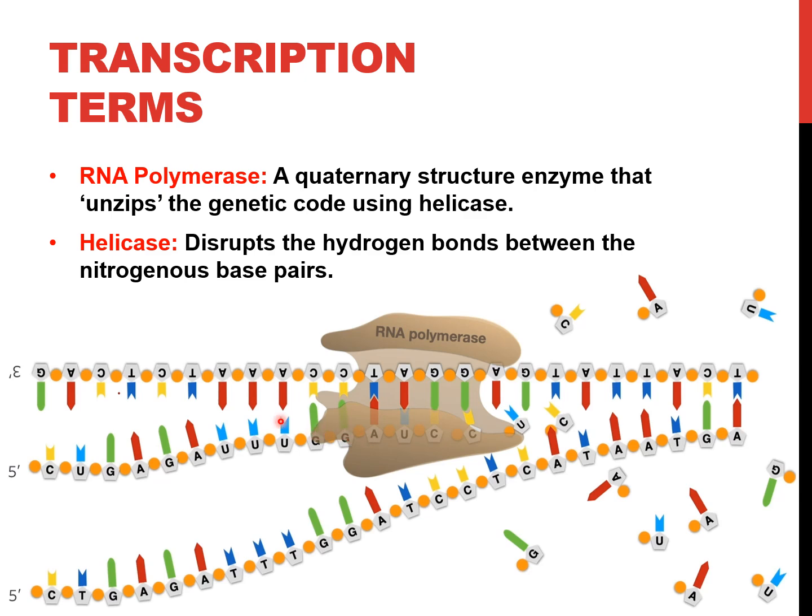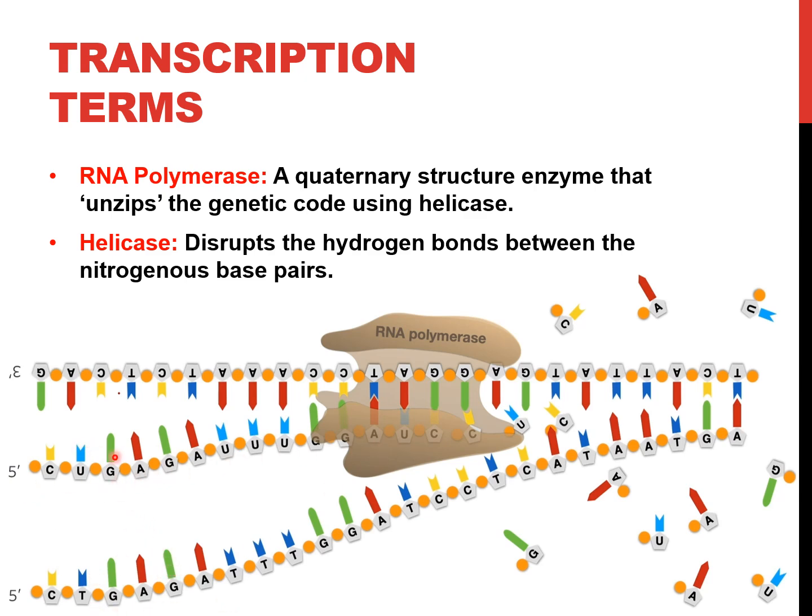And then it starts to create the pre-messenger RNA. So you can see our strand here. So if we look at this, it's our DNA strand. It's running along the template strand here. And it splits off the coding strand and it will create a copy of that coding strand.